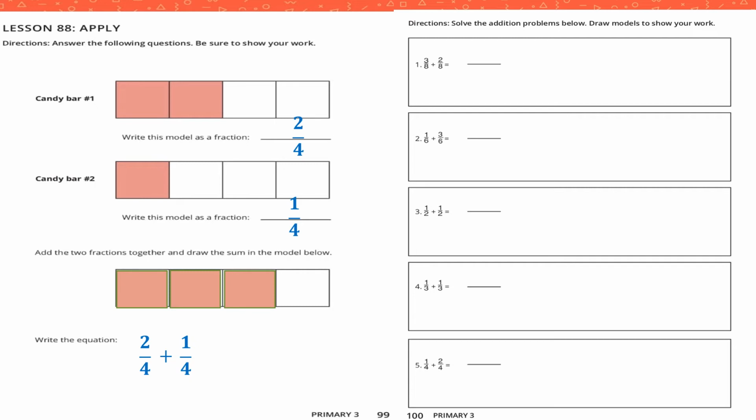So the numerator is 3 and the denominator is 4, no change. So the result will be 3 over 4. Don't forget, when we have the same denominators, the denominator doesn't change. Put it as it is.